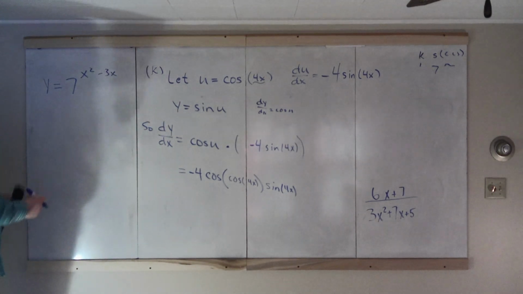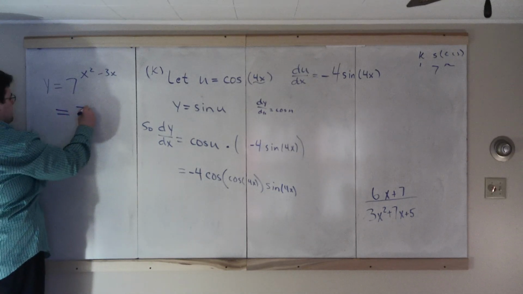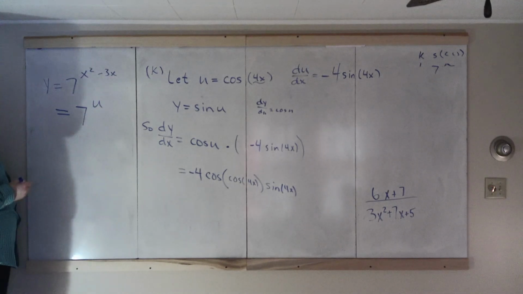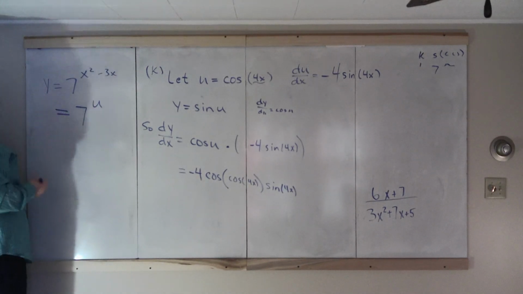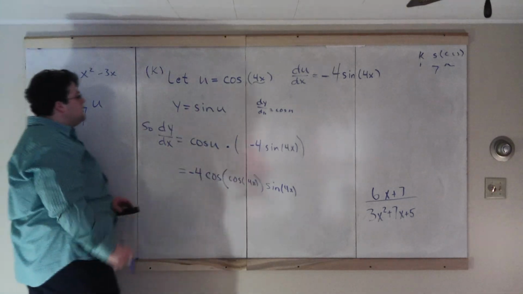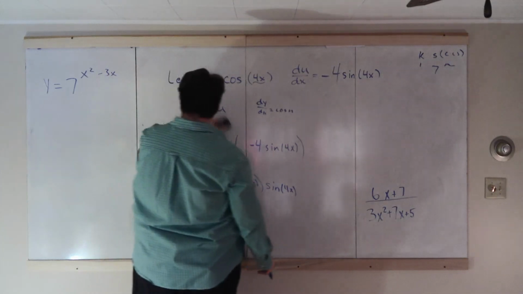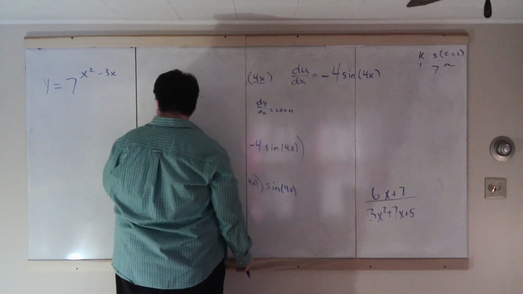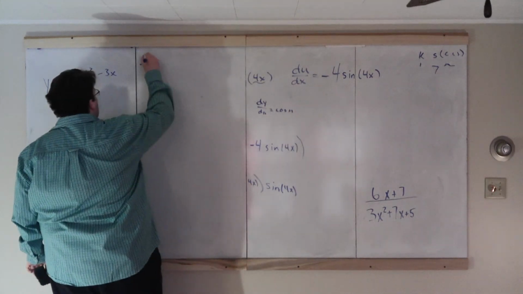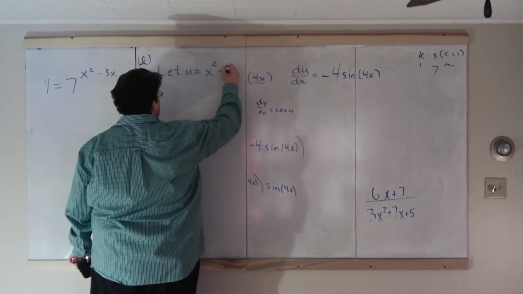So we have y equals this. Well, we know how to take derivative of 7 to the u. So let's let u be that quantity up there. So for part L, let u equal x squared minus 3x.